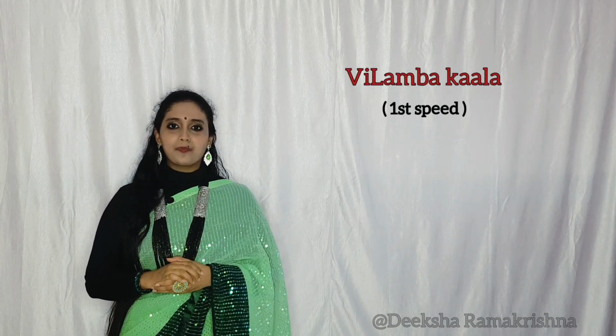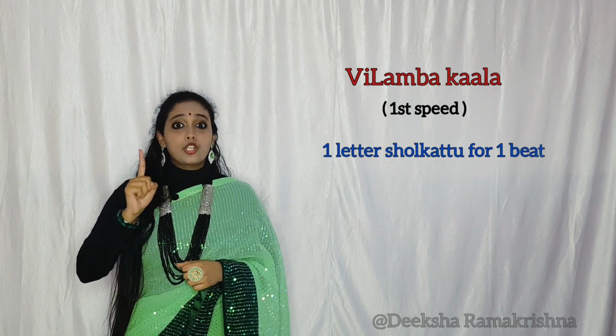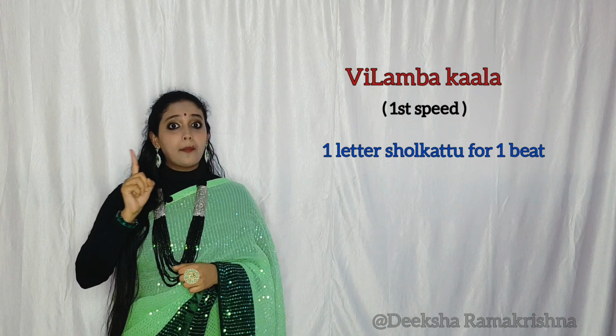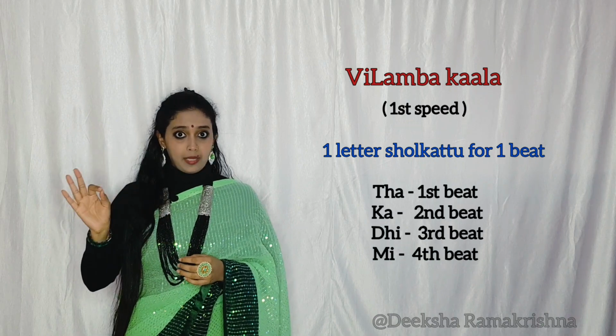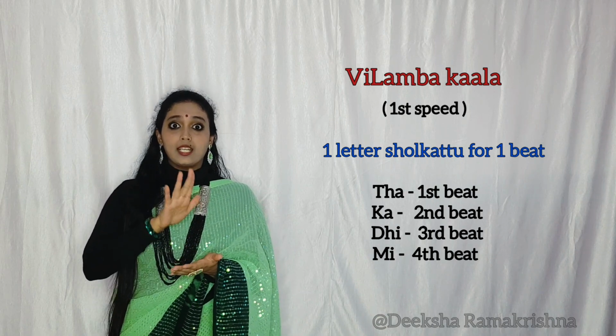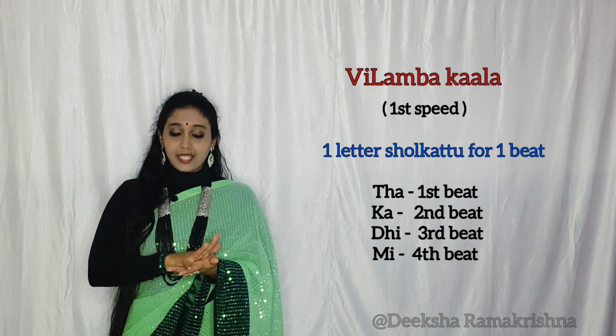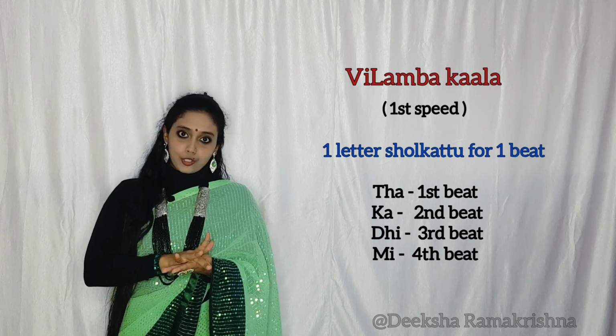Now let's start with Vilamba Kaala, that is first speed. In first speed, we will have to say 1 letter of Sholkattu for 1 beat, which means if you take the example of Takadhimi, we say Ta for 1 beat, Ka for another beat, Dhi for the third beat, and Mi for the fourth beat.